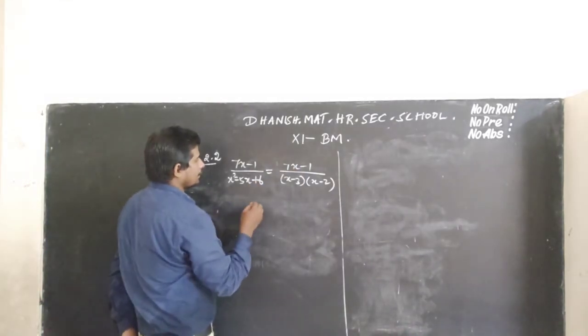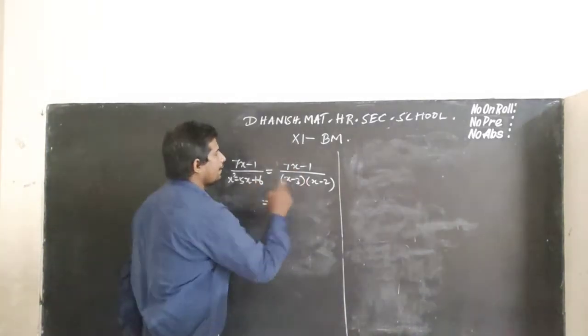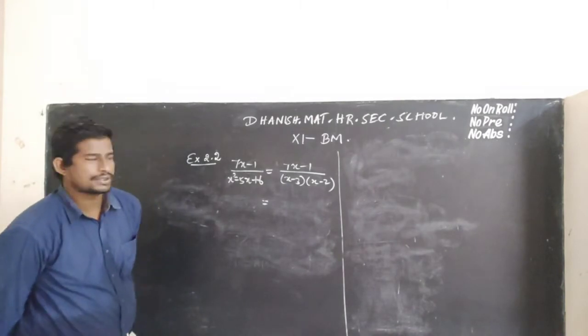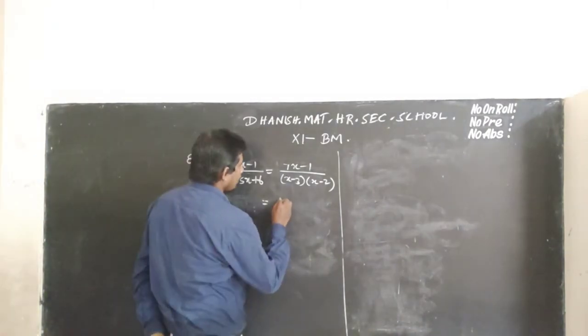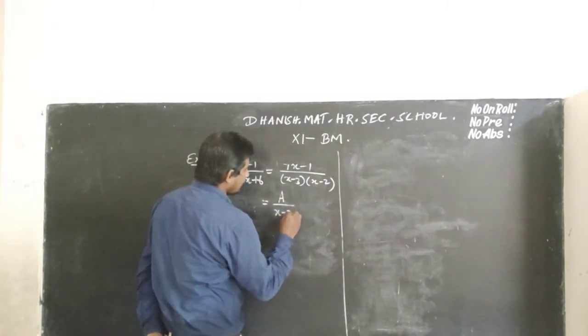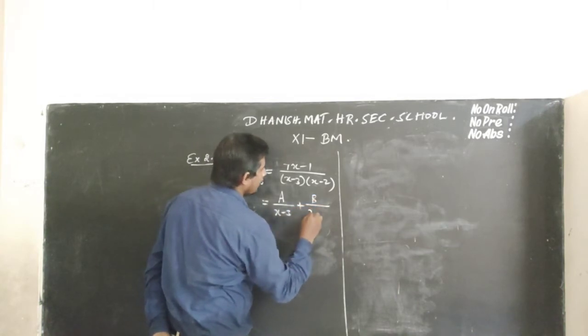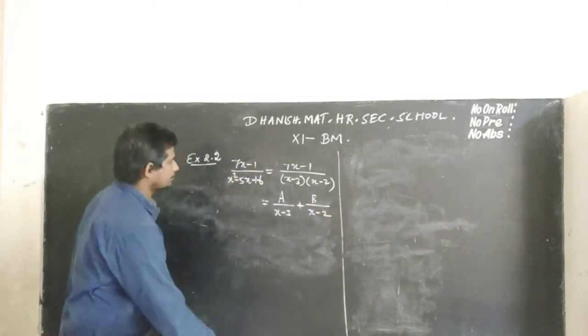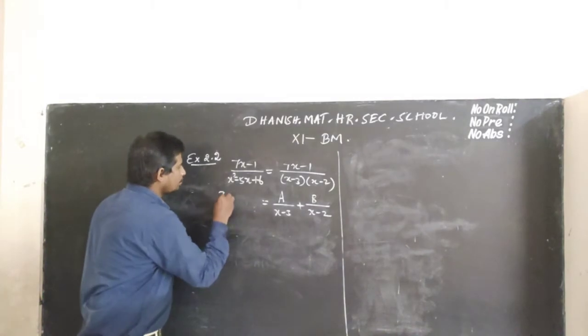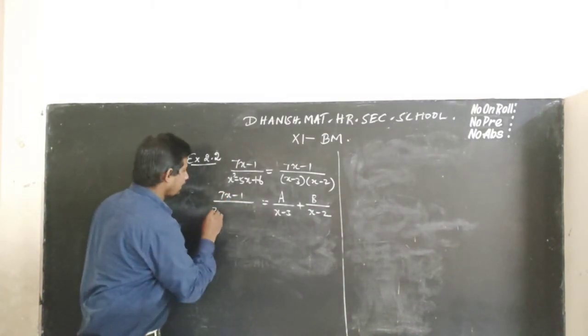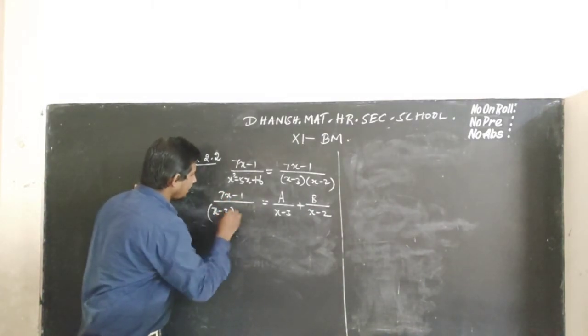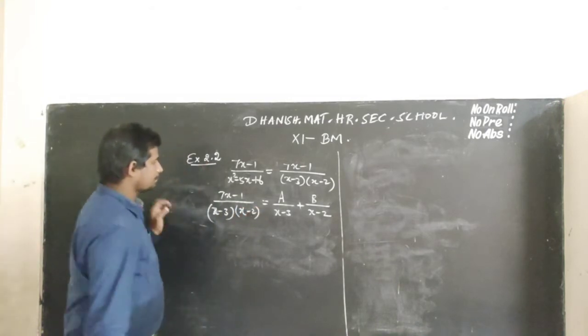Now this is equal to, here we are having non-repeated linear factors. So I am going to take A by x minus 3 plus B by x minus 2. This is equal to 7x minus 1 divided by x minus 3 into x minus 2.